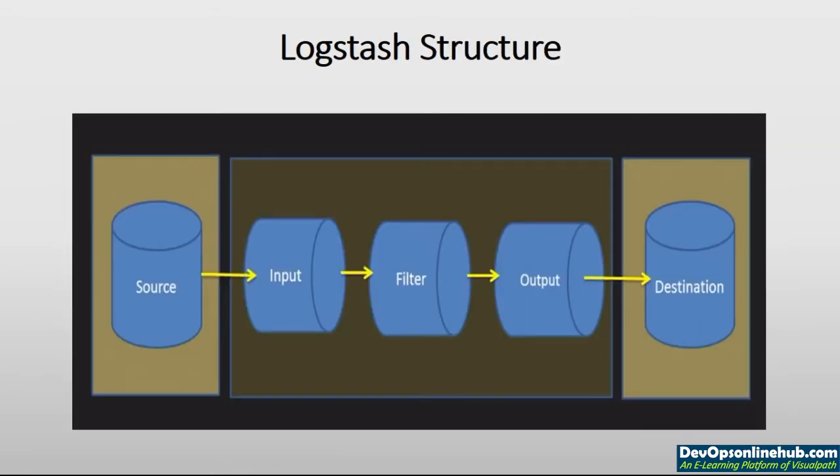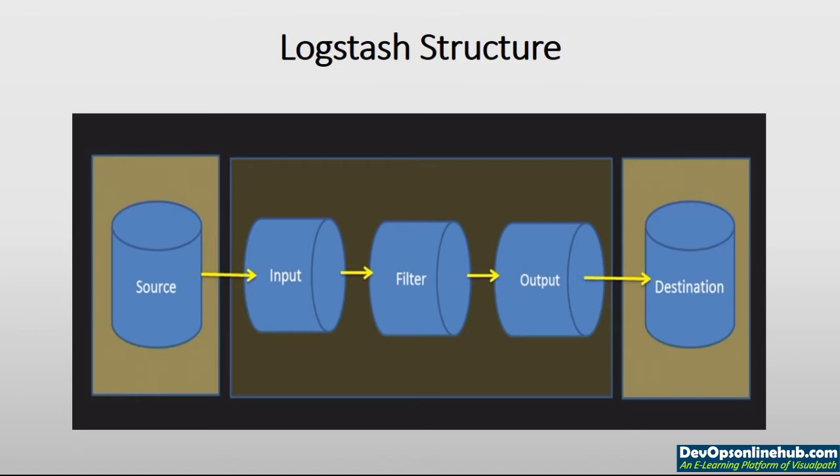Now let's go to the next part, that is the Logstash structure. What is Logstash structure? As you can see in the diagram, the Logstash structure consists of the source and destination, and in between there are three components: input, filter, and output.